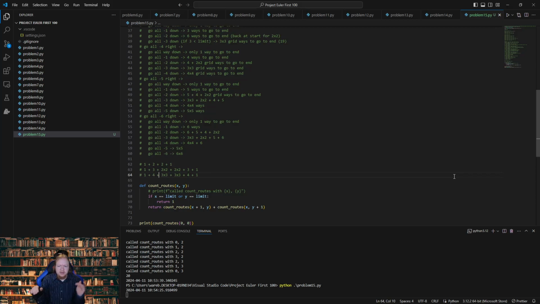And of course it'll be the same for a 3x2 as for a 2x3. So what's the formula here? It's going to be 1 plus 3 plus 2x2. And obviously this is both directions.